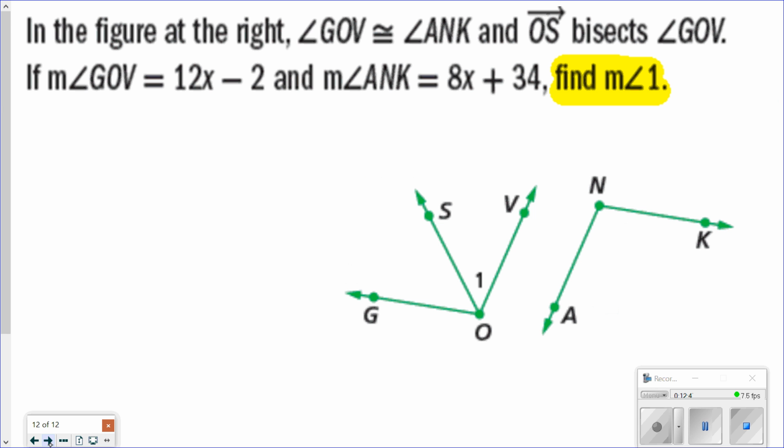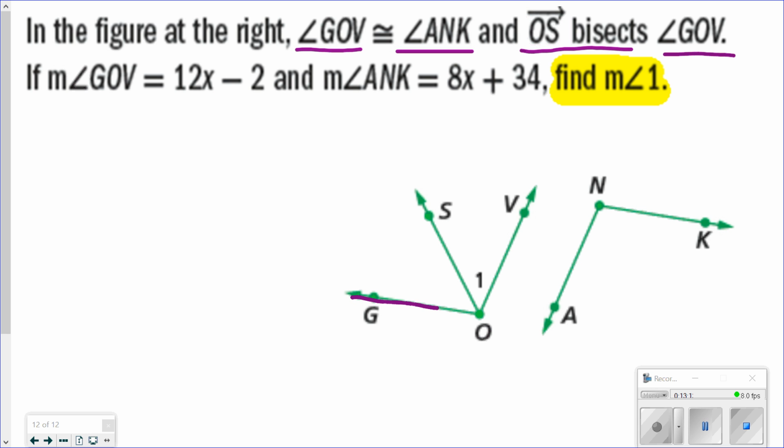All right, and our last problem for this section, in the figure at the right, angle GOV is congruent to angle ANK, and we know that ray SO bisects angle GOV. Okay, so let's look at that here.